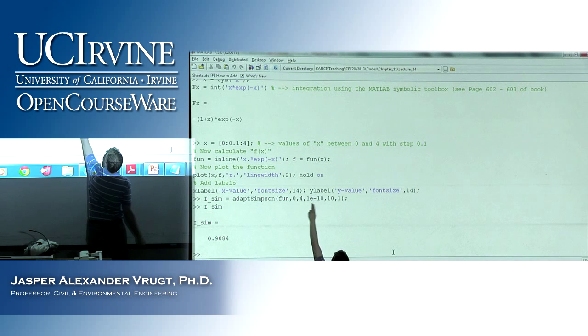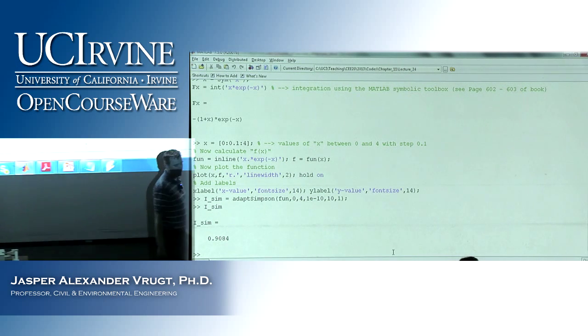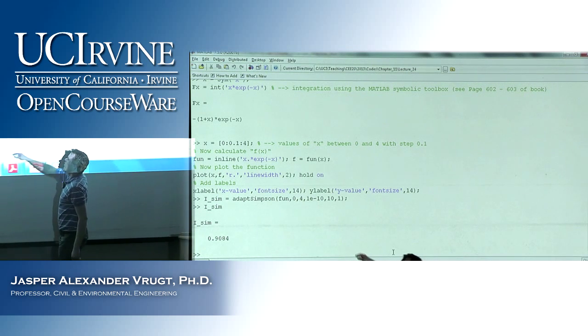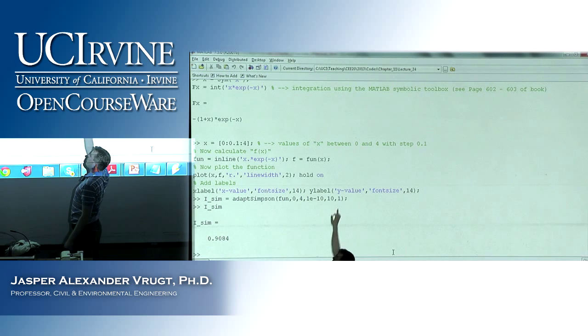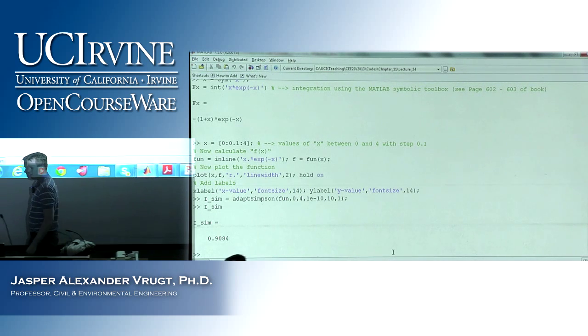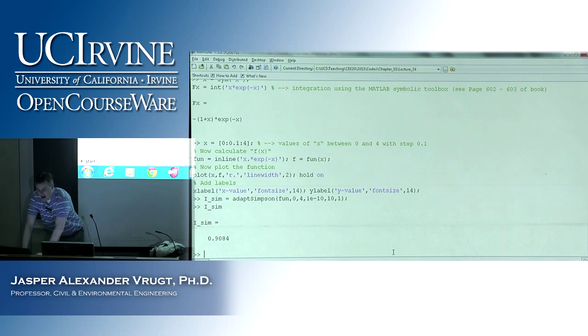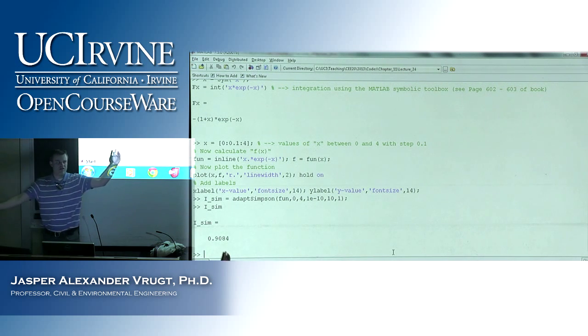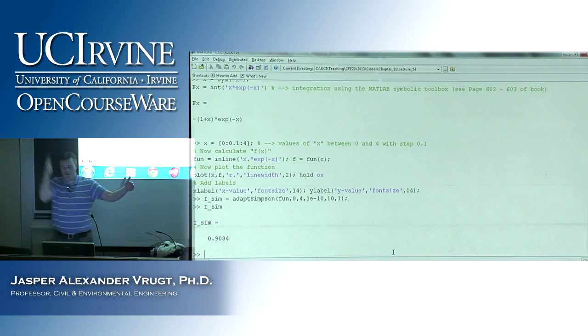This is the accuracy I have, so this is the distance to the true analytical integral. 10 is the maximum number of iterations I like to do, and 1 is the iteration starter, the level where you start. You can start at a higher level if you wish. So instead of starting at 0 and 4, you could immediately say, I start at level 2, which is 0, 2, and 2 and 4. So you divide it in half.